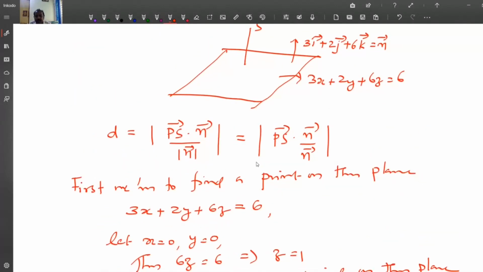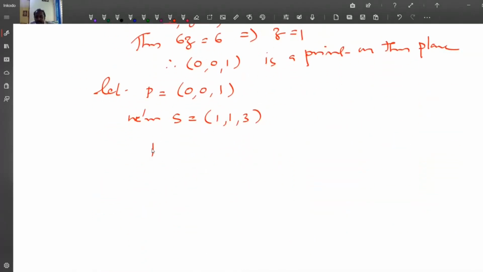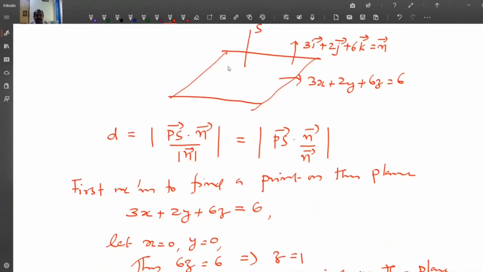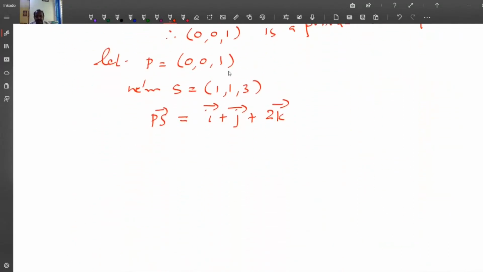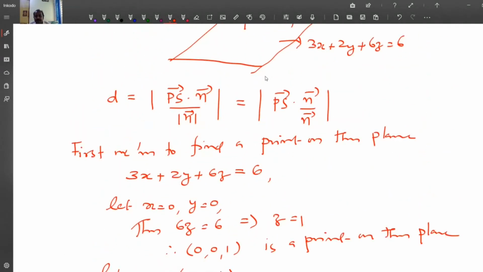We have S equal to (1, 1, 3). Therefore PS is equal to the position vector of S minus the position vector of P. So this is i plus j plus 2k, and you have n is 3i plus 2j plus 6k, from the equation of the plane.